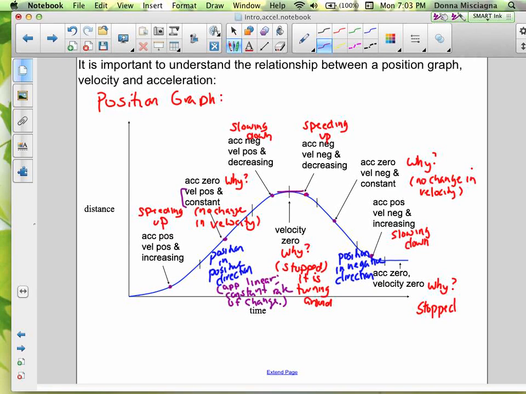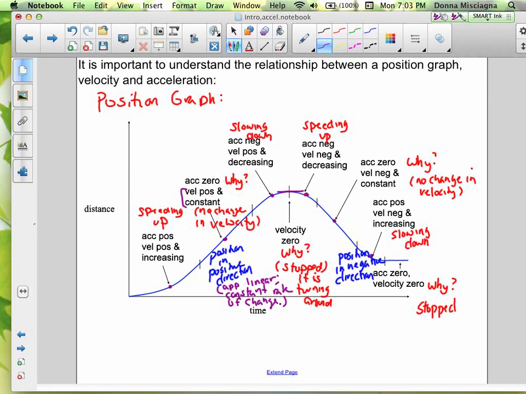So we have acceleration that's positive, velocity that's negative, because now there's a positive change in our velocity because it's becoming less negative. So if the velocity becomes less negative, that's going to be a rate of change. Your acceleration is going to change. If it's becoming less negative, your acceleration is positive, and your object is slowing down. And that makes sense because we're going to stop pretty soon.